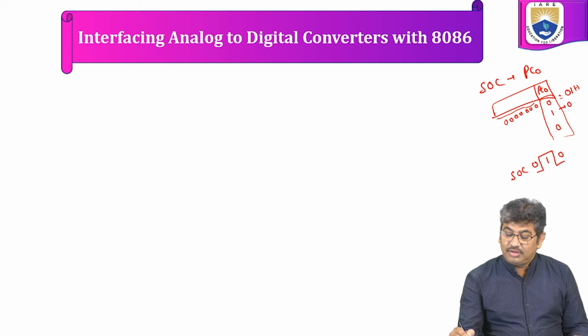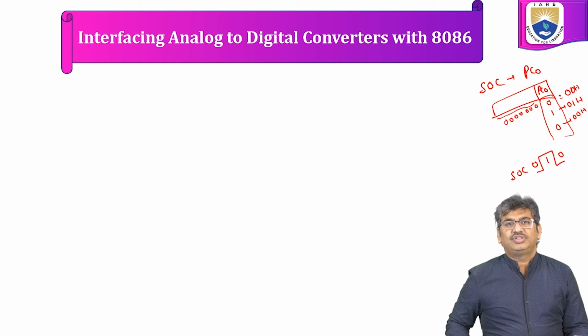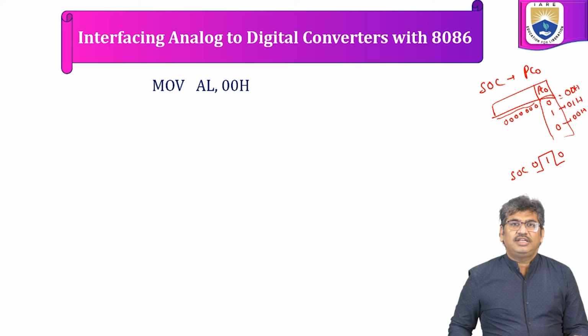So first we send 00H, then 01H, then 00H to port C. For passing 00 to port C, we write the instruction MOV AL, 00H, and this data we move to port C: OUT port C, AL.